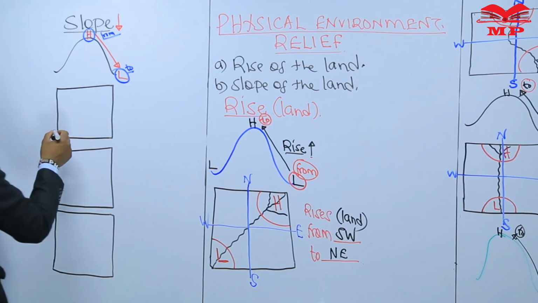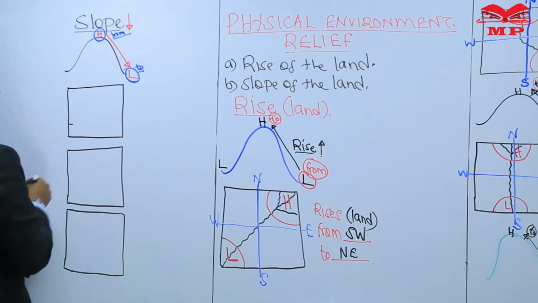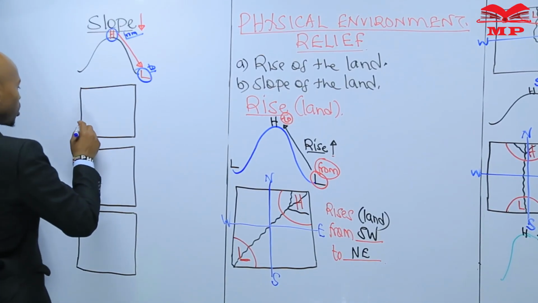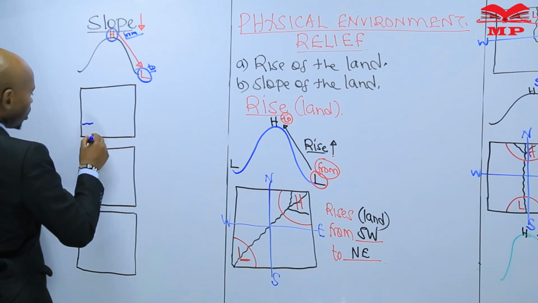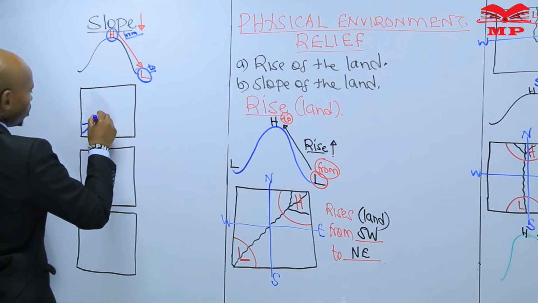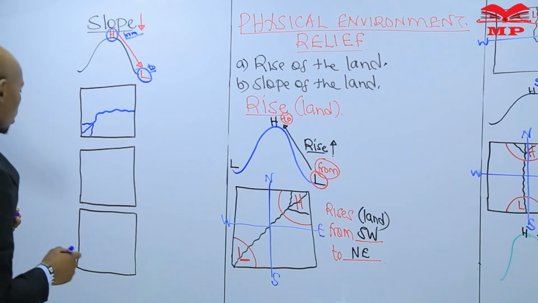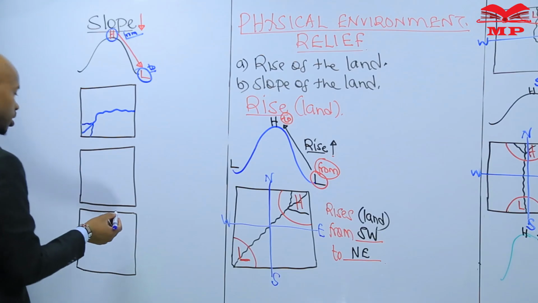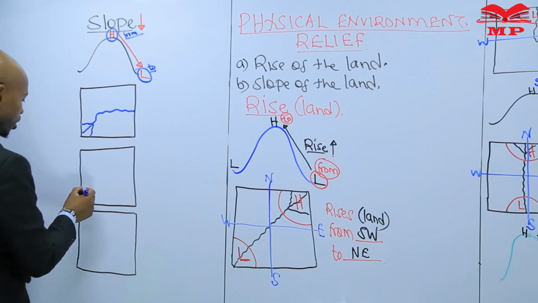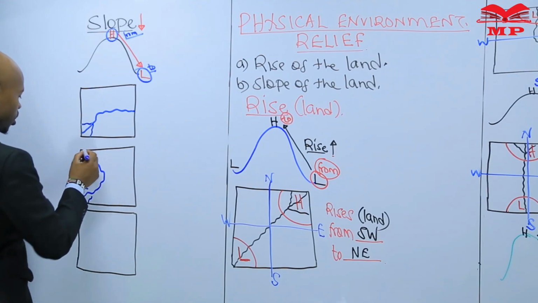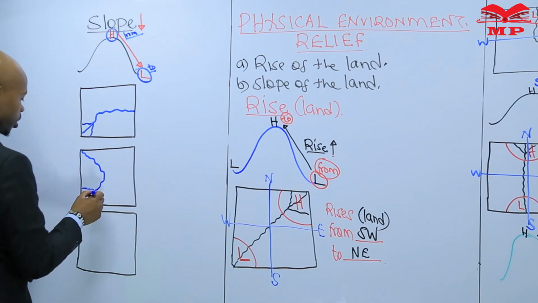And now this one, we have our river. Rivers, drainage features in a map, are illustrated in color blue. So let me try to use color blue. We have that river like that. We have another river here that moves like that. Then it goes like that.